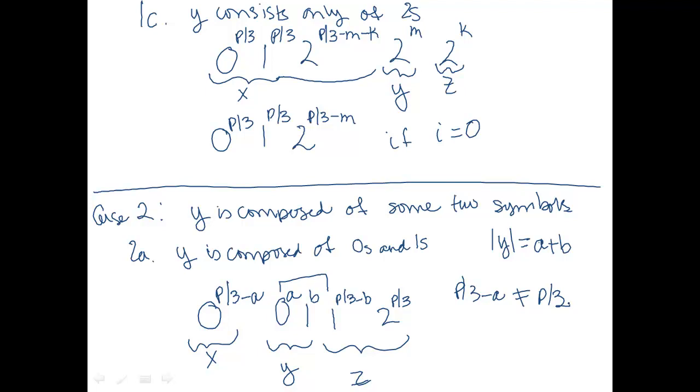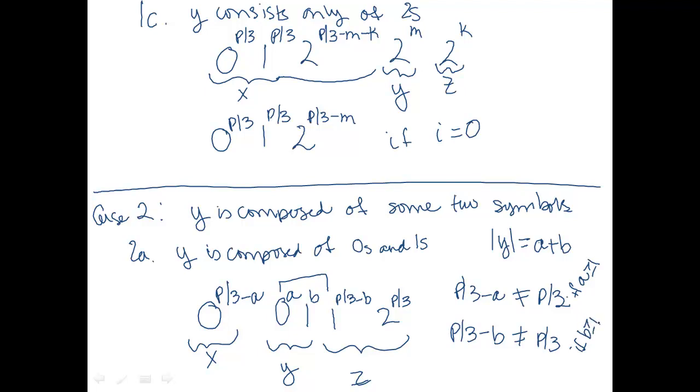And we know because the length of y has to be at least 1 that either a or b is at least 1. So either it's the case that the number of zeros is not equal to the number of 2's. So same thing here. Okay.